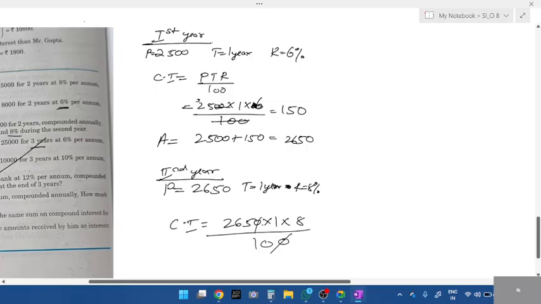Cancel only one zero, multiply 265 into 8. Then use the shifting method.